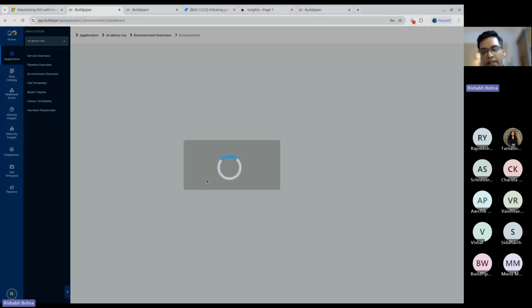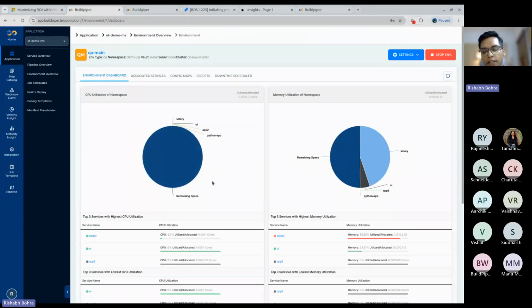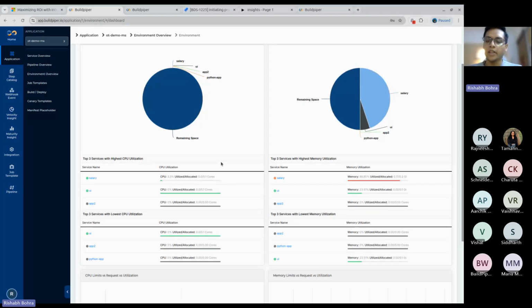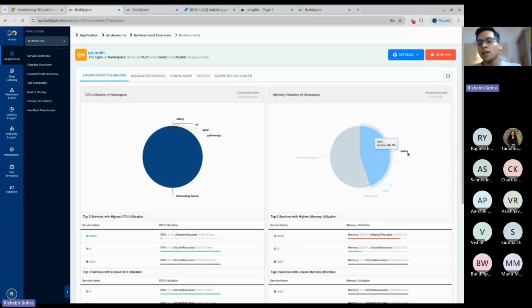So you get these dashboards where you are able to see the utilization of different services in terms of CPU and memory, and various other highlights in terms of the application's usage of resources, which helps you with cost optimization as well, because with a single glance we can see, with a full application getting deployed in that respective environment, whether the environment is overutilized or underutilized.